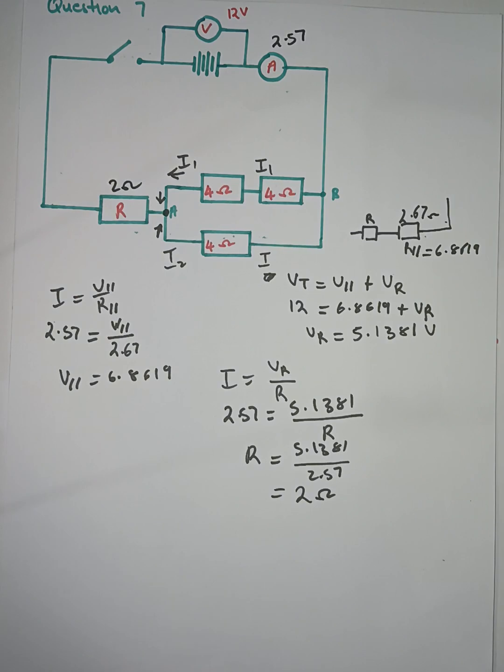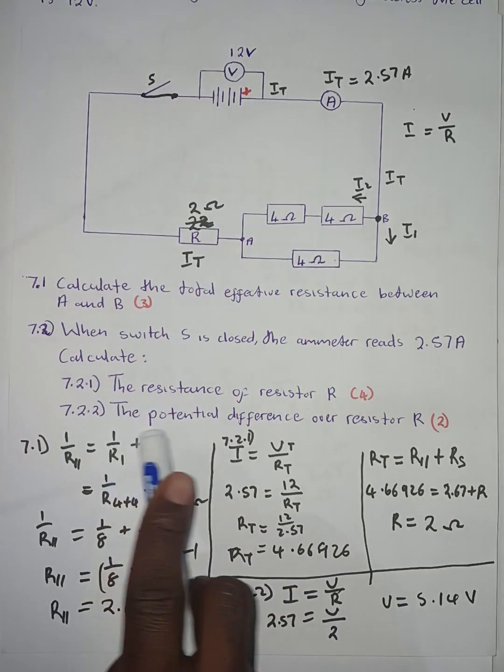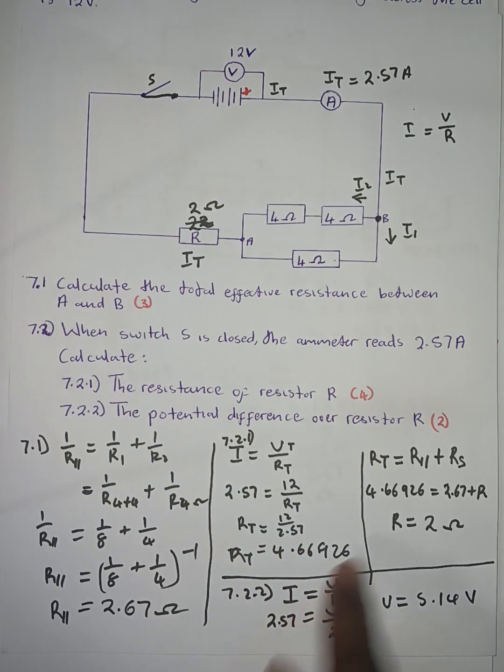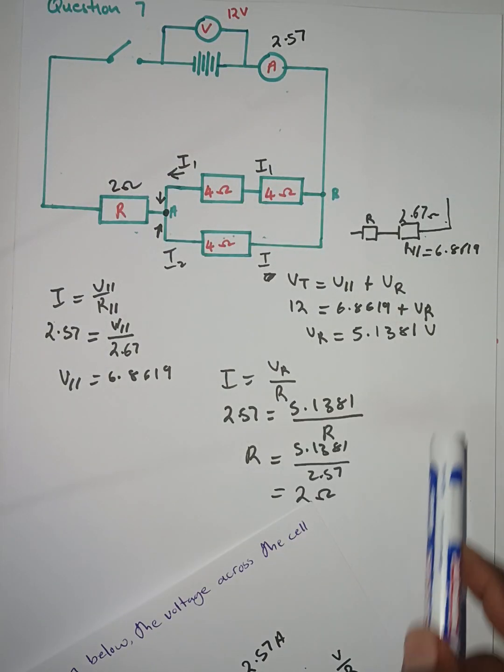So in this case now, if you check the following question, let me just take that paper again. If you look at the following question, they say calculate the potential difference over the resistor R. But as you can note, I've actually calculated it there.